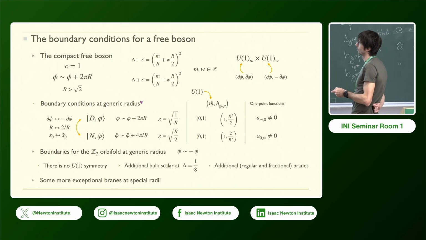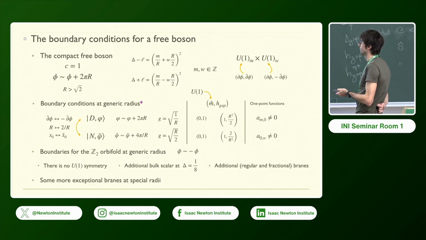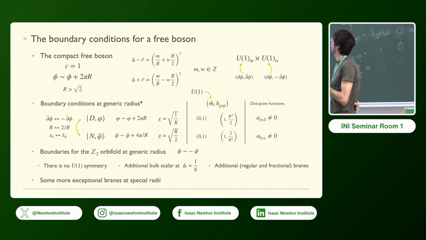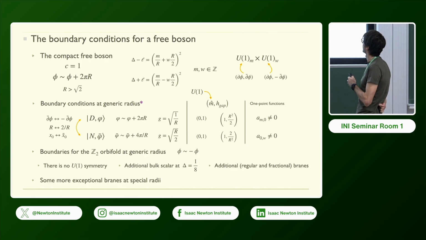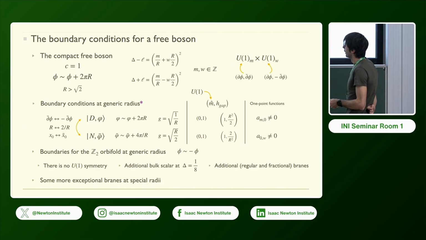There's a circle of each of these boundary conditions. All their data is known: G function, boundary gaps, one-point functions, etc. The Dirichlet branes break one of the two U1s, and the Neumann branes break the other. These two are exchanged by T-duality, which is just the exchanging of D bar phi with minus D bar phi.